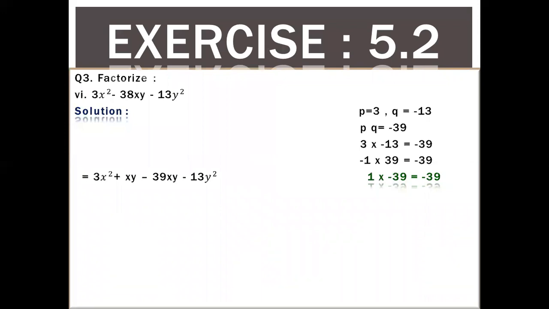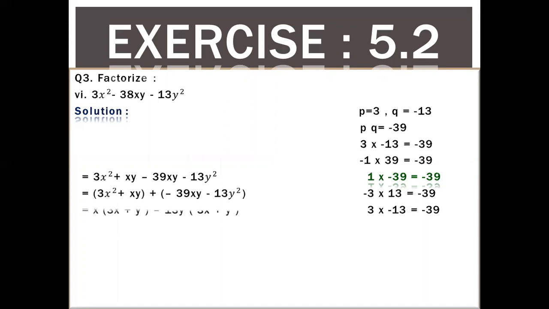In the beginning, I told you that we are doing the PQ method. PQ method means you multiply the last term with the coefficient of x square, see what the product of that number is, and then we find the factors of that product. Here the coefficient of x square is 3 and the last term is minus 13.